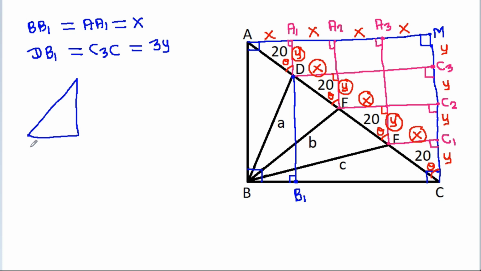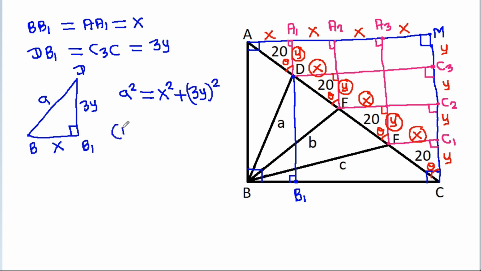So in triangle BDB1, this angle is 90 degrees, BB1 is X, DB1 is 3Y, and BD is a. So a² will be equal to X² + (3Y)² by the Pythagoras theorem.